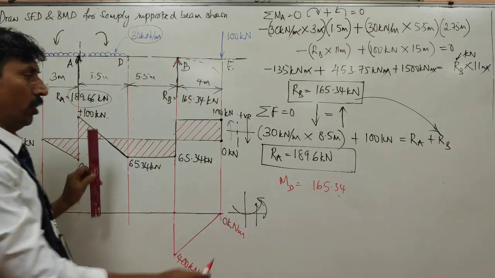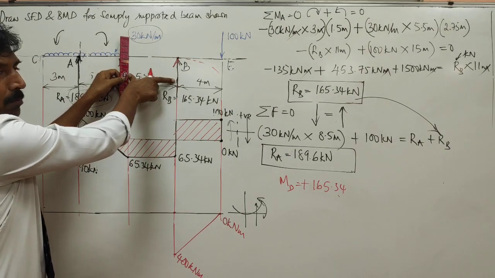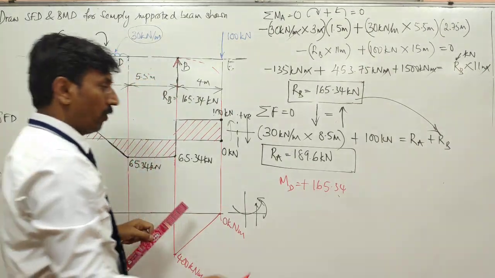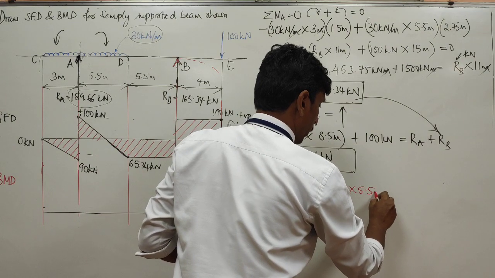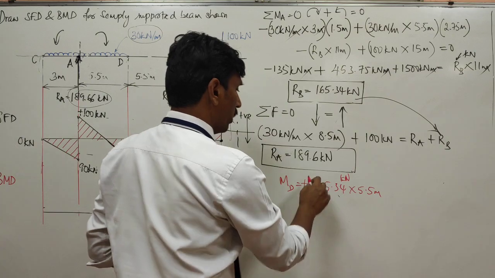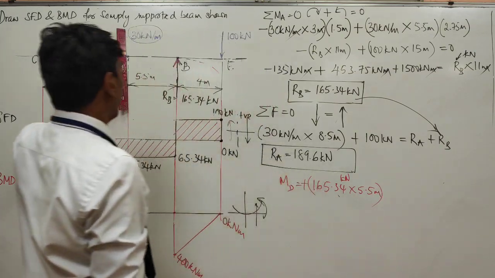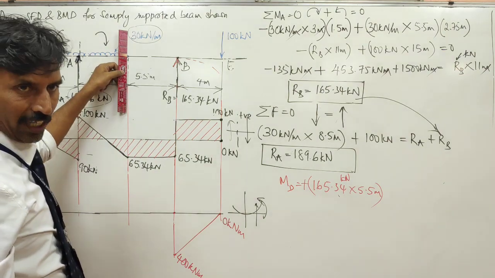It's positive. So it's positive plus 165.34 multiplied by what distance it is? 5.5 meters. This is kilonewton. This is plus.